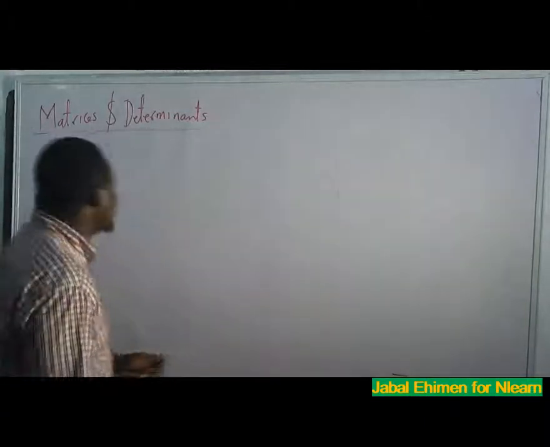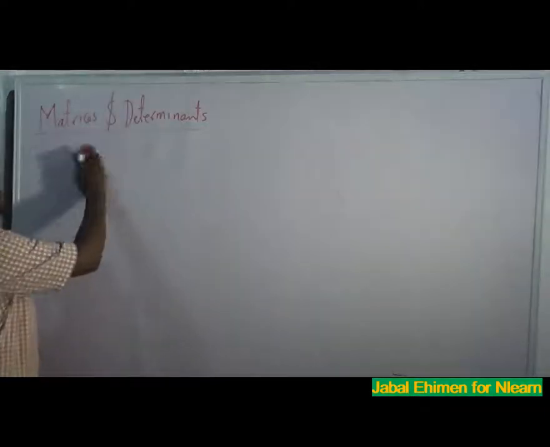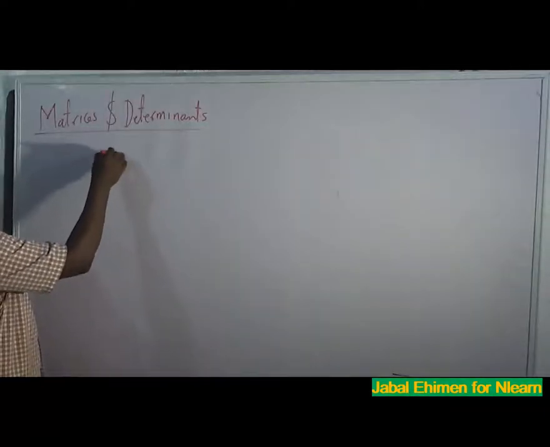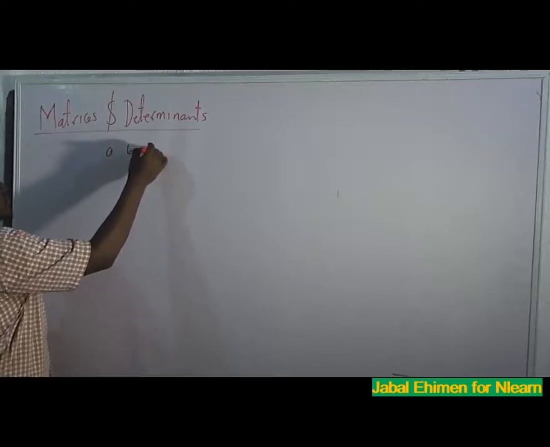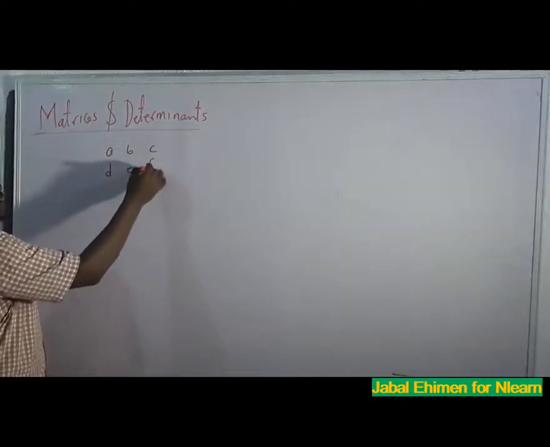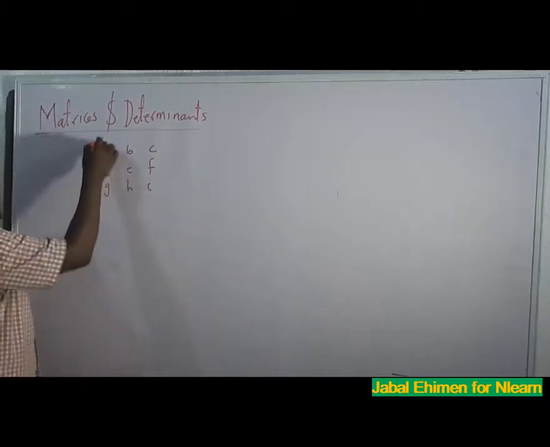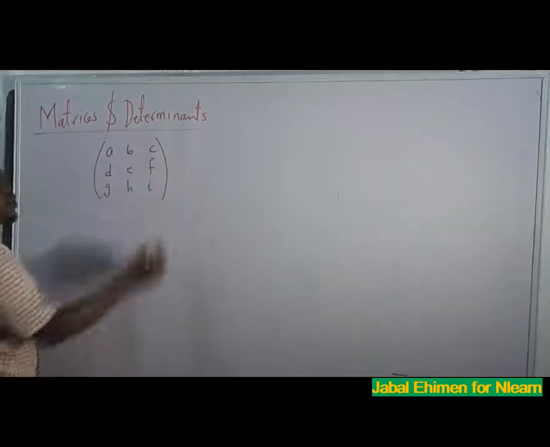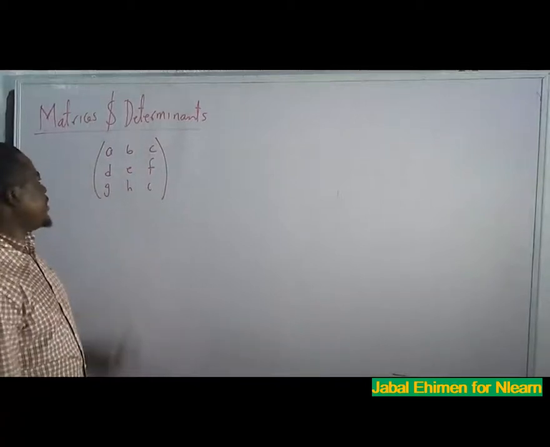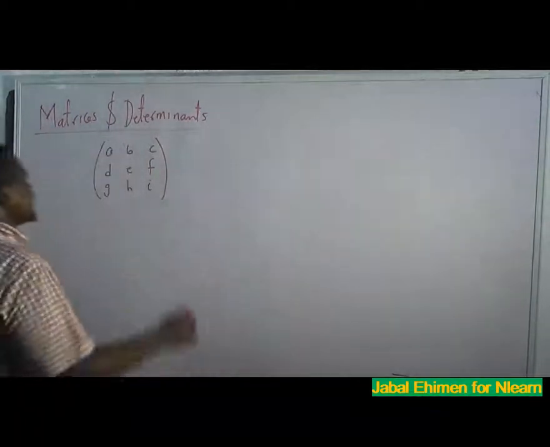Let's start from here. Basically, if I have A, B, C, D, E, F, G, H, I, and I place it inside a curly brace like this, this is a matrix.